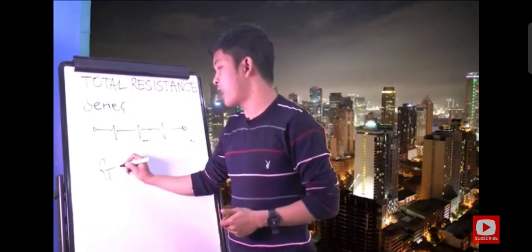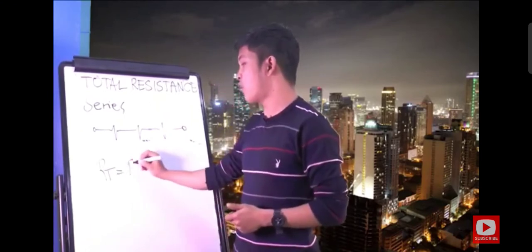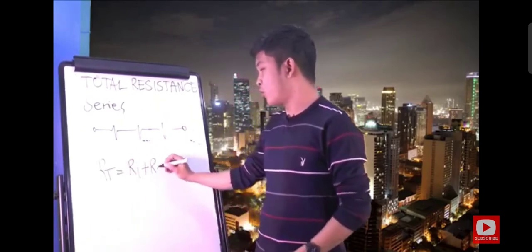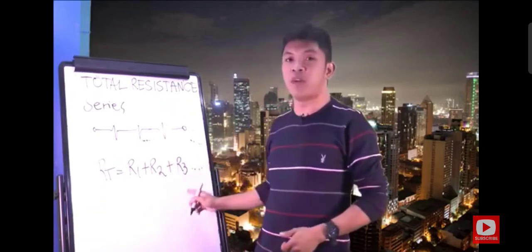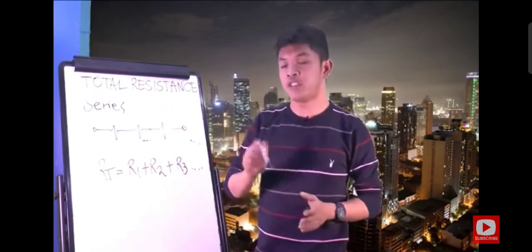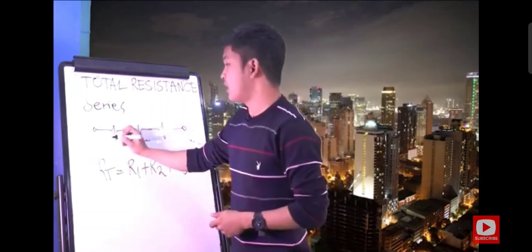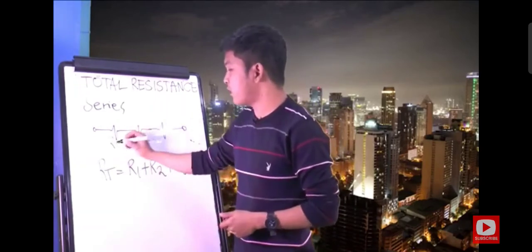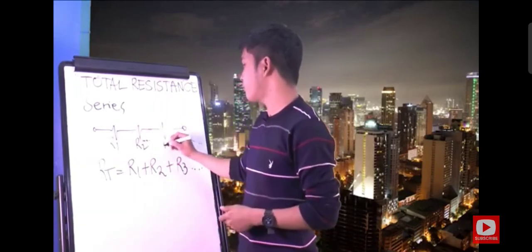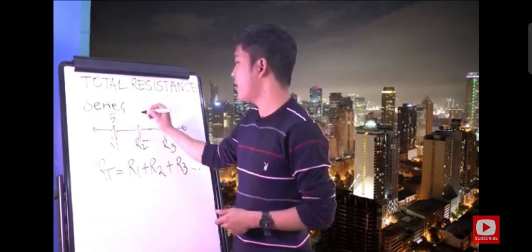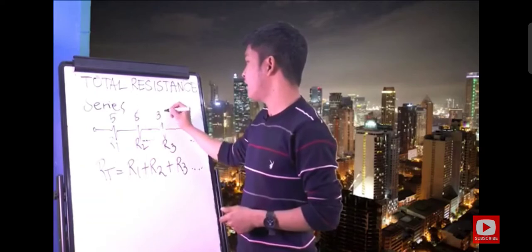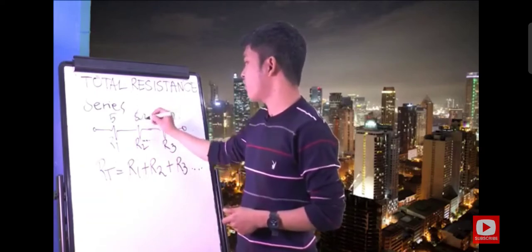So formula natin, RT is equals to R1 plus R2 plus R3. Depende kung gaano pa kadami yung resistor na meron sa circuit. So example, sa circuit natin ito, meron tayong tatlo. Bigyan natin ng value ng 5, 8, and then 36 ohms.